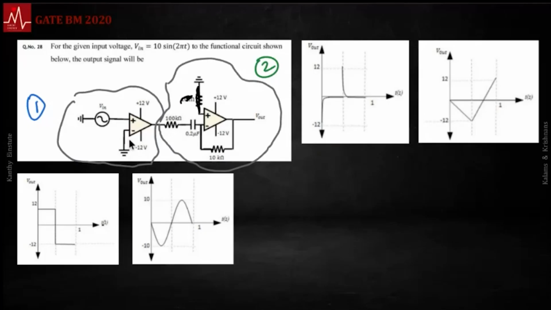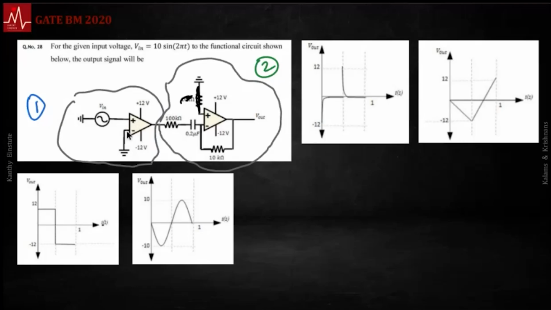What is part number one? I just discussed it. It has input terminals. One of them is grounded, input is applied to the other, you get an output. Input voltage, in fact, is applied to the non-inverting terminal.